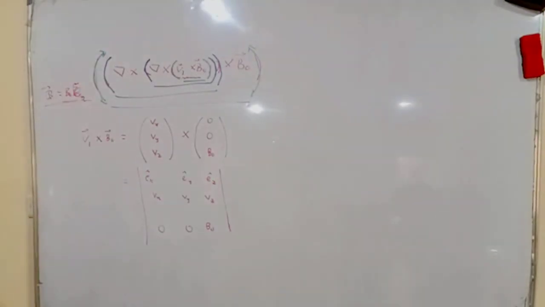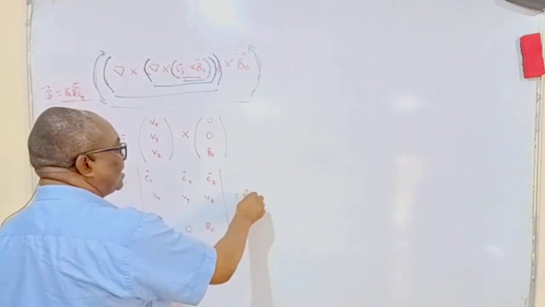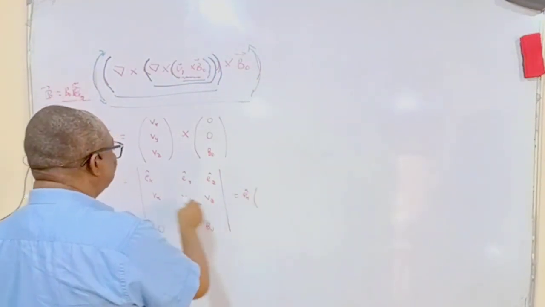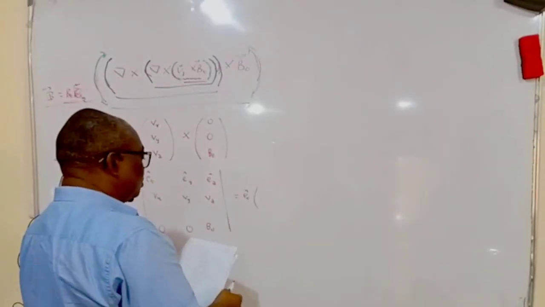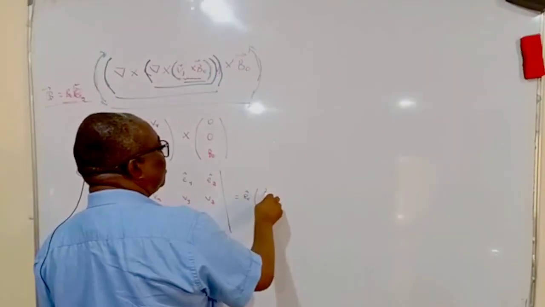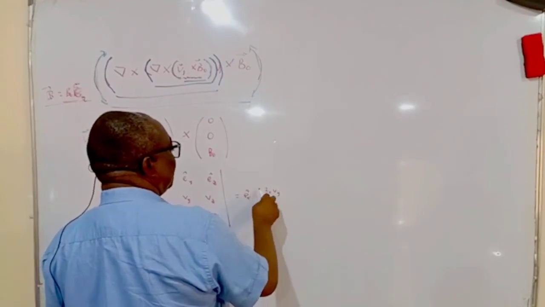Is that okay? And then you're going to get EX into, you will remove this. So we're going to have B0 Vy is what we're going to have here.